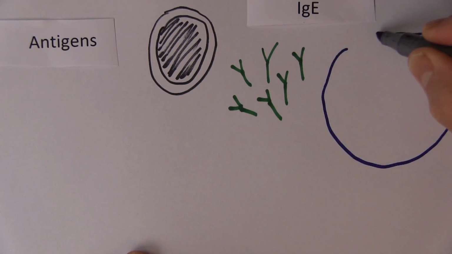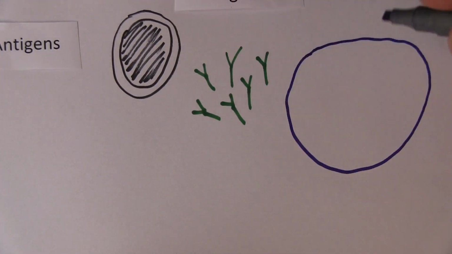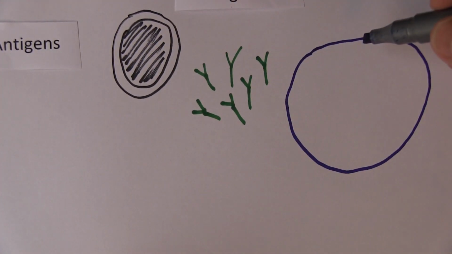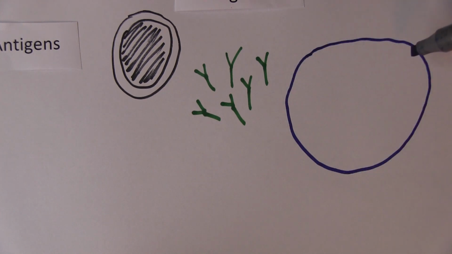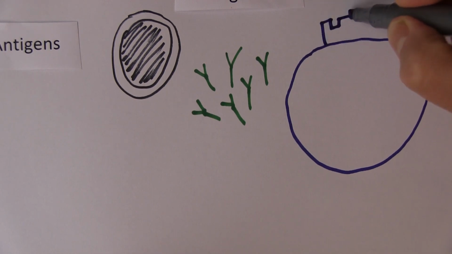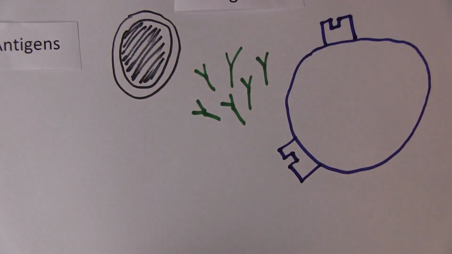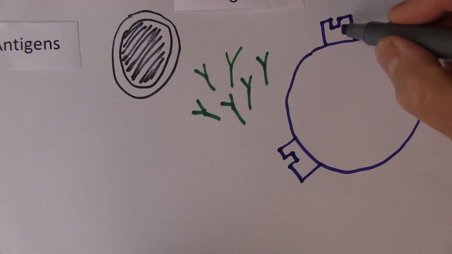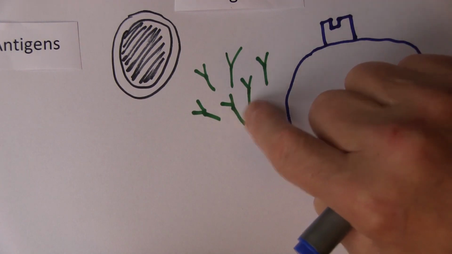Now mast cells derive from basophils in the blood, and mast cells are mostly in the tissues, and they are immunological cells and they regulate the inflammatory response. And on the surface of mast cells there are particular proteins like this, and these particular proteins have a high affinity for the immunoglobulin type E molecules.